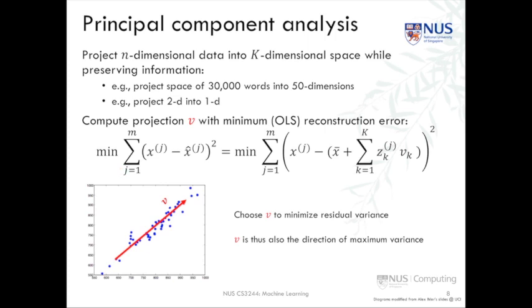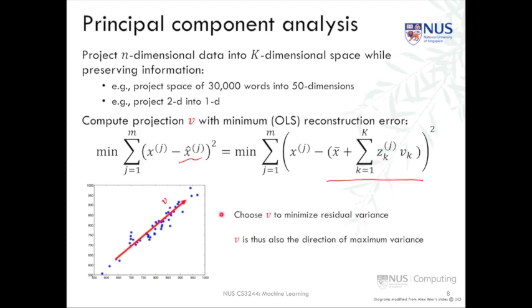We can think of this as expanding the second term here as this term here, where we're looking at the mean of the data points and their reconstruction times the principal components, 1 through capital K, times the coefficients used to represent that point's projection on that particular orthonormal basis.